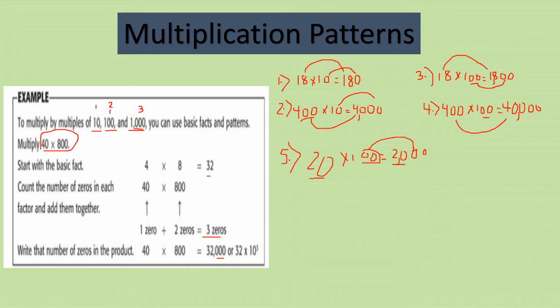Let us try another example here. If I say 50 times 40. So what we need to do, we need to multiply the 5 times 4. Alright, 5 times 4 will give us 20.